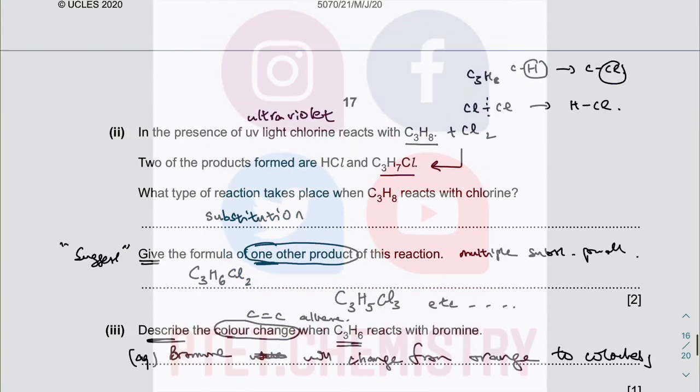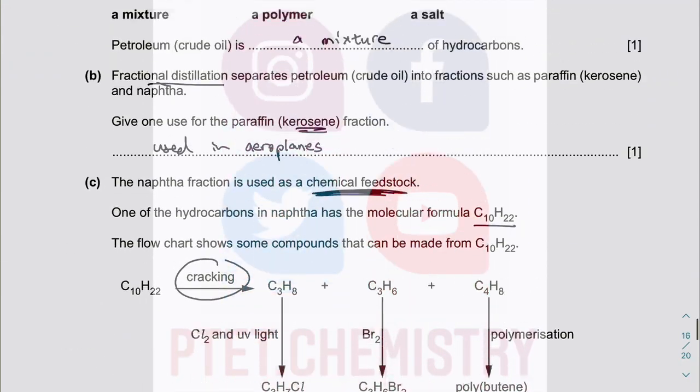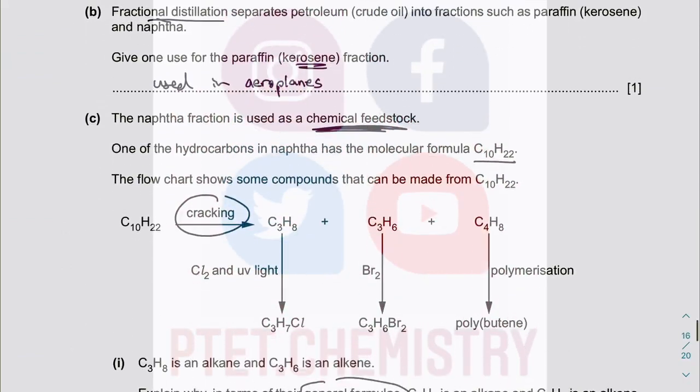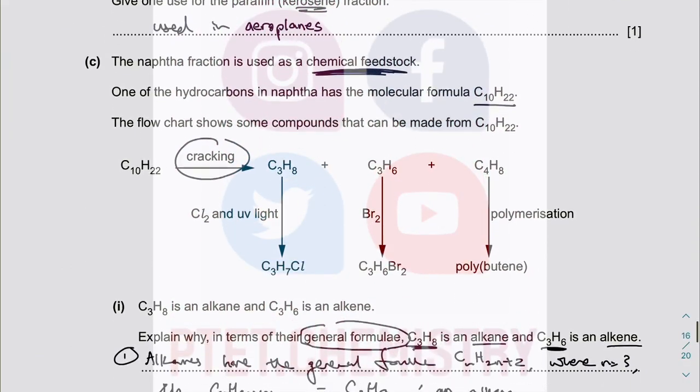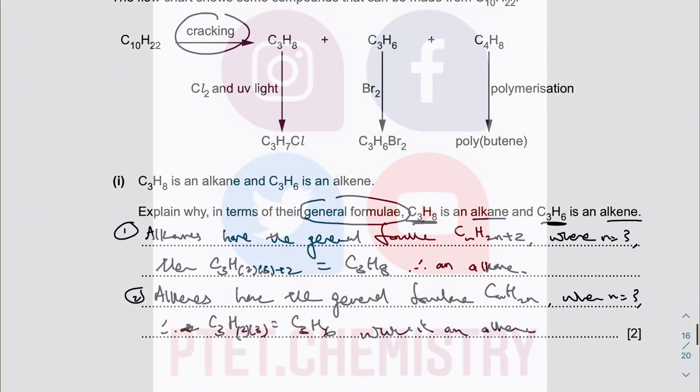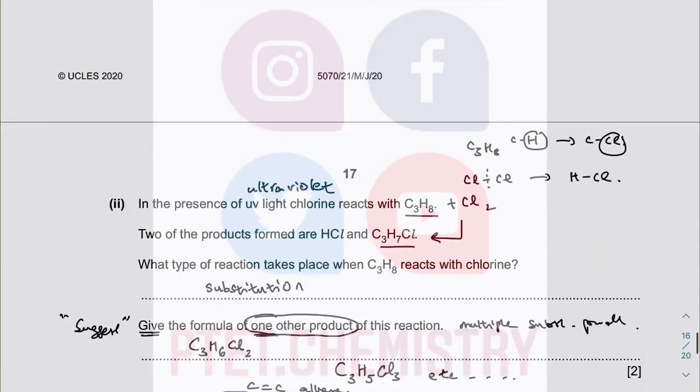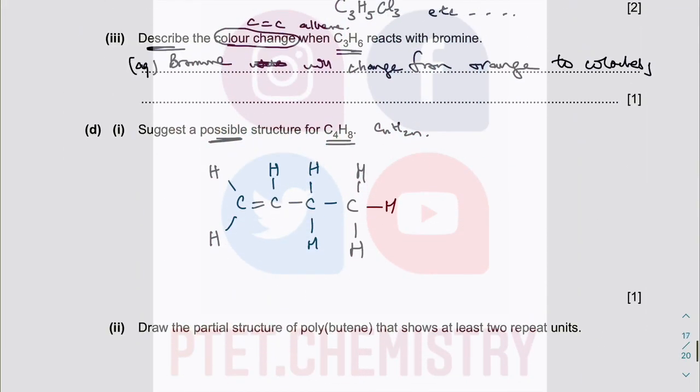However, I'm just thinking, what do they want? Oh, sorry, this bit. Look at this bit. That C4H8 undergoes polymerization to give you polybutene. Yeah, I mean, there's a possible structure of it. I mean, that can undergo addition polymerization.